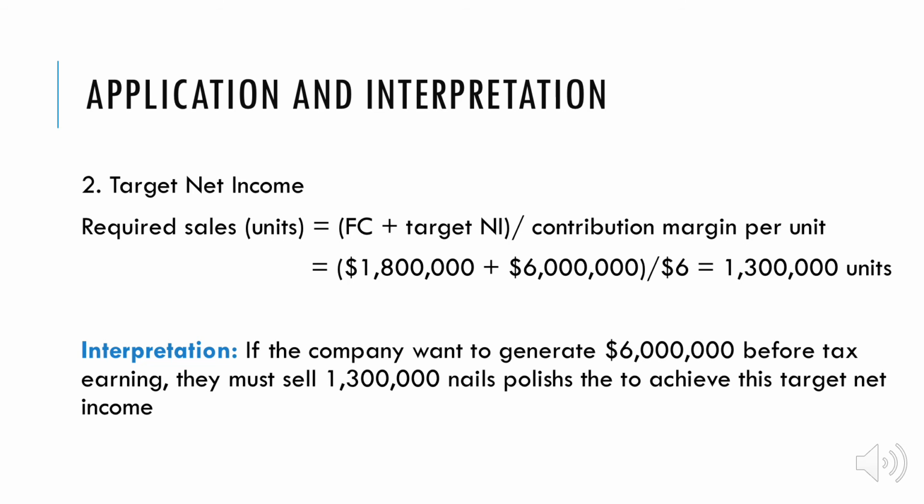Plugging in the numbers, we have the required sales is 1.3 million units. This number tells us that if the company wants to generate $6 million before tax earning, they must sell 1.3 million nail polishes to achieve the target net income.